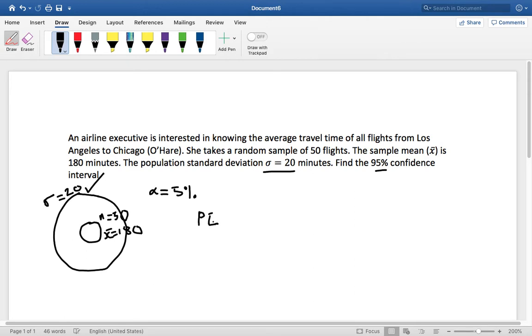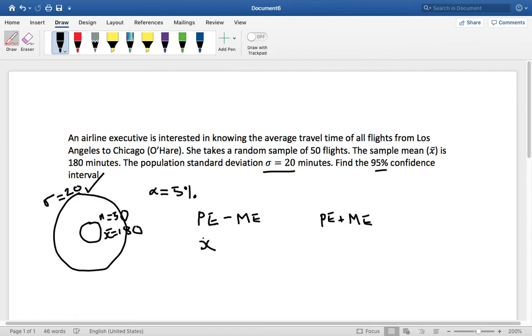So start off with a generic form. It's going to be the point estimate minus the margin of error for the lower limit, the upper limit is going to be the point estimate plus the margin of error. And the point estimate is going to be X bar.